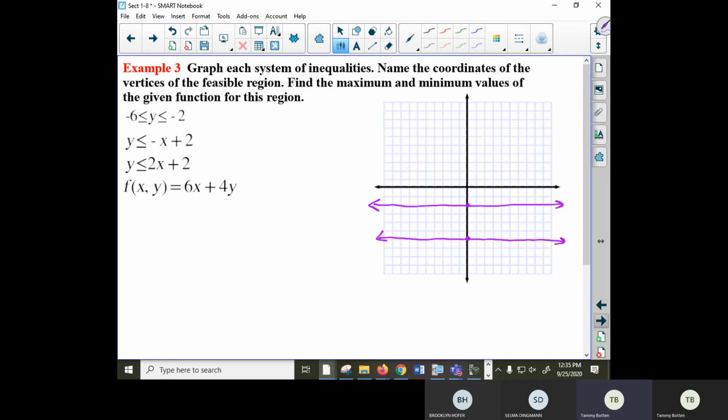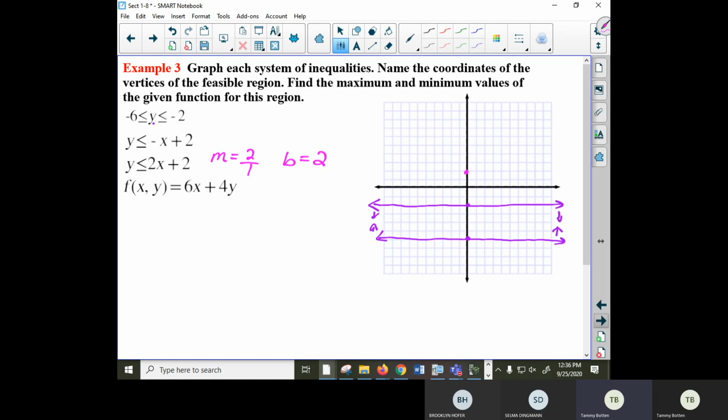Okay. Now y is between -6 and -2, so that means it's going to be shaded in between these two lines somewhere. Okay. The next graph is y is less than or equal to 2x plus 2, so my slope is 2 over 1, and my y-intercept is 2.